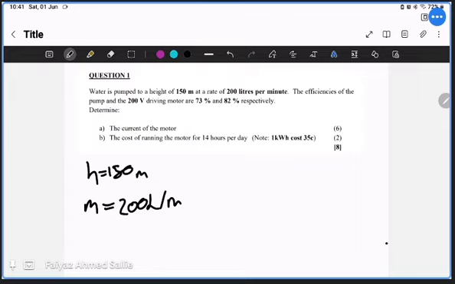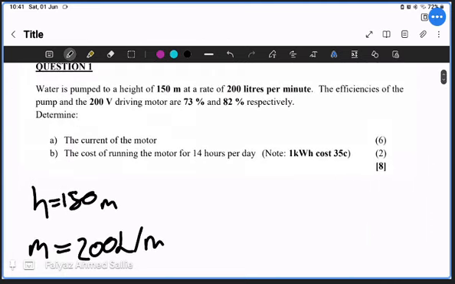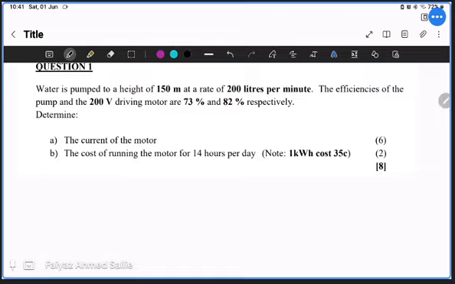So over here is the question from 2020, and the question says that water is pumped to a height of 150 meters at a rate of 200 liters per minute.